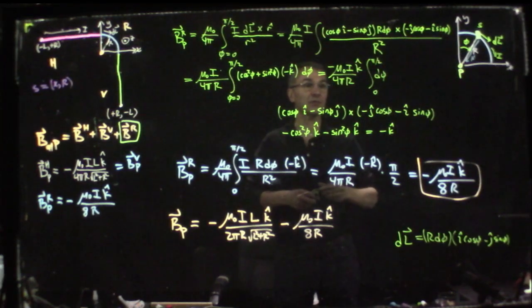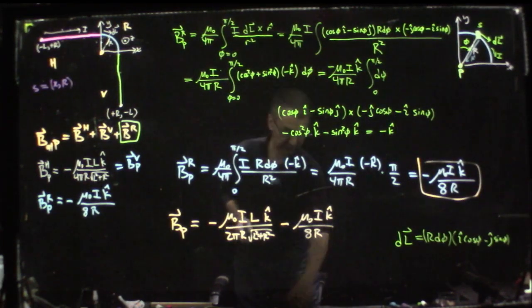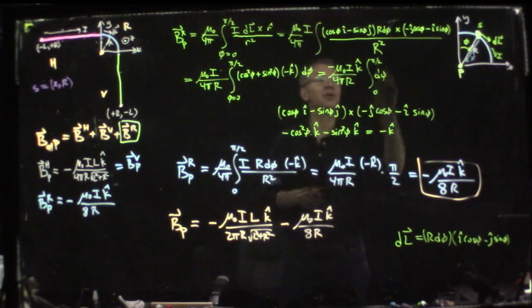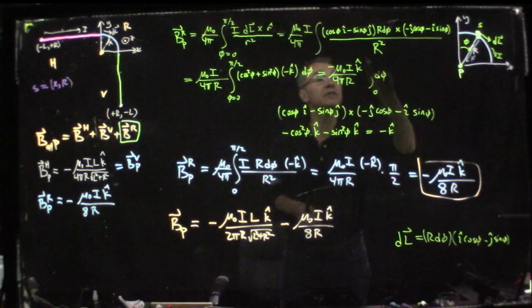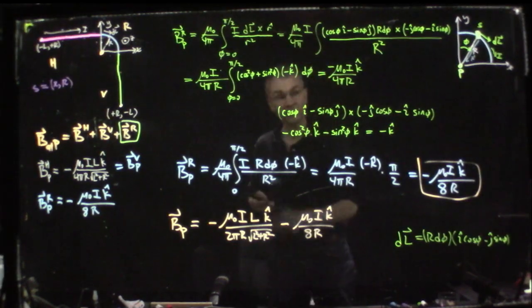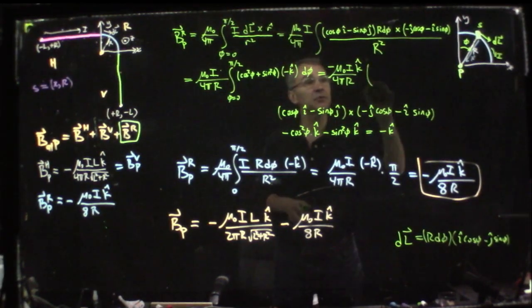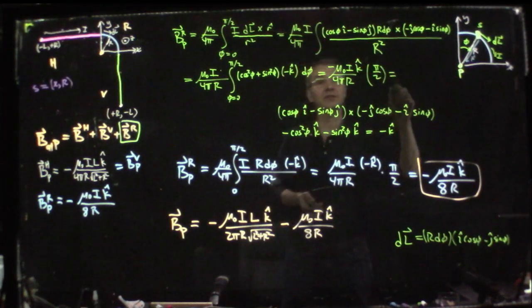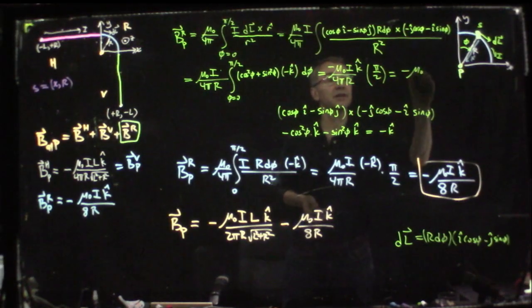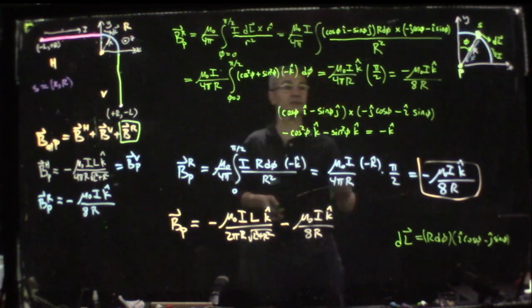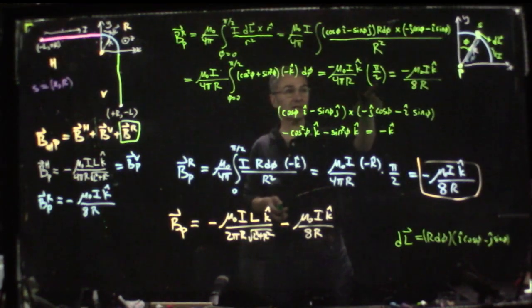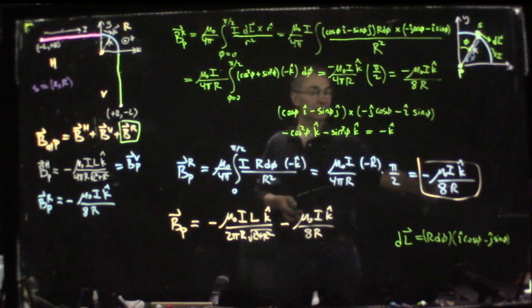That's the same thing as just multiplying by pi over 2. So I'm going to do something that people always hate if they're taking notes. I'm going to erase, and I'm going to say multiply this by pi over 2. And that gives us minus mu naught I k hat over 8r. Because 4 times 2 is 8, pi divided by pi is 1.